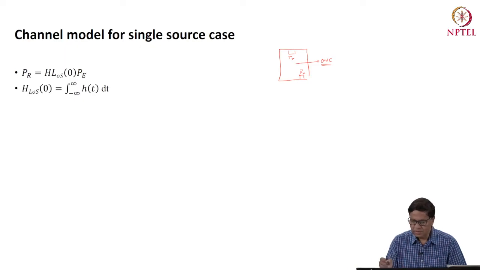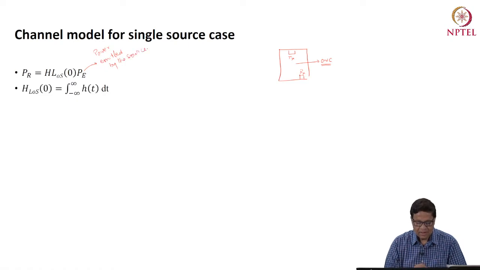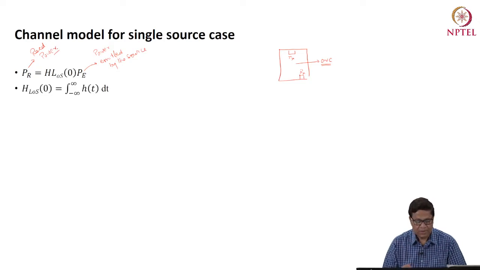So suppose PE is the power emitted by the source, and PR is the received power at the receiver.